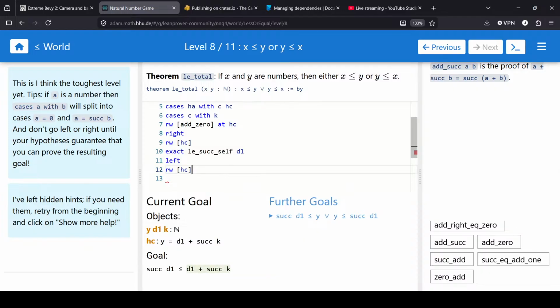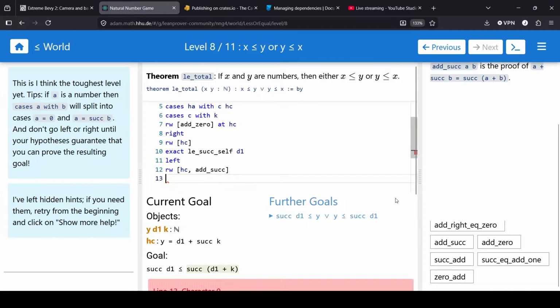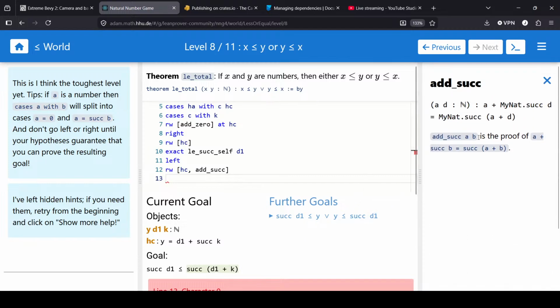Okay, well, I guess I could just do that here, right? And that seems pretty good. Because d1 plus k, even if k was 0, it wouldn't matter.